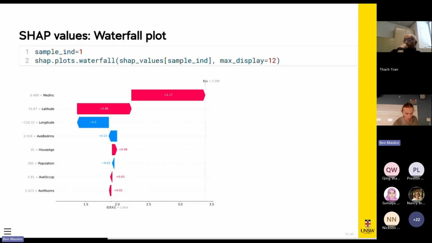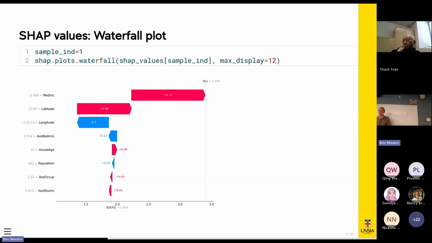So on average, we're predicting 1.904. So the average median house price that we predict is $190,000 US. And this dotted line up here is where we end up for this particular block of houses.